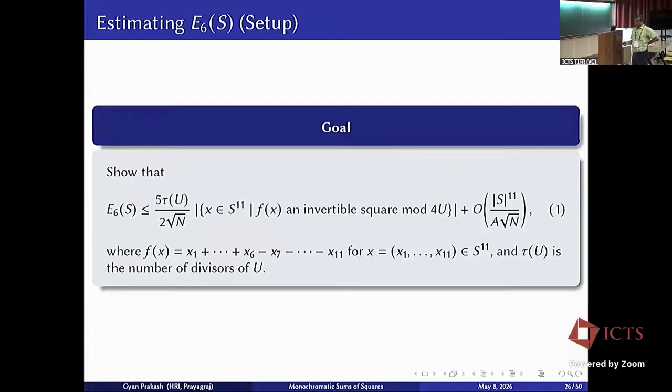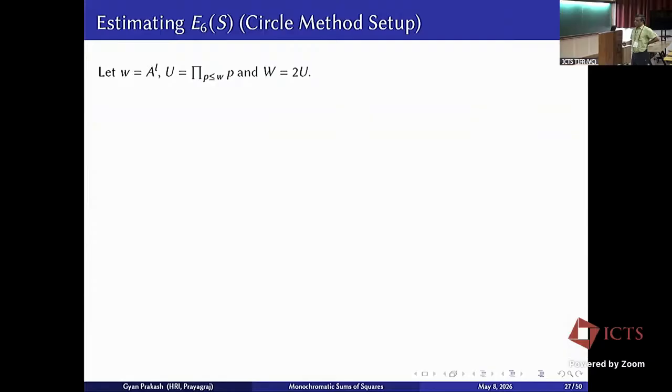Okay. So phi tau u by 2 root n, x belongs to SS, this one is an invertible square modulo 4u. And here tau u is the number of divisors. So let W is equal to a to the power L, U is equal to these things, and capital W is 2u. Why do I take capital W is equal to 2u?